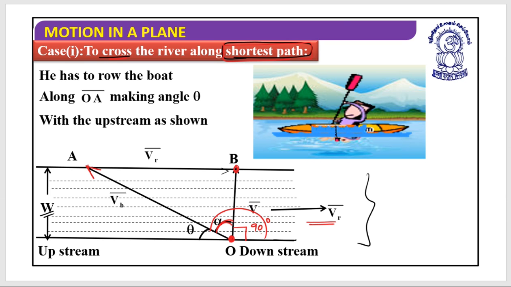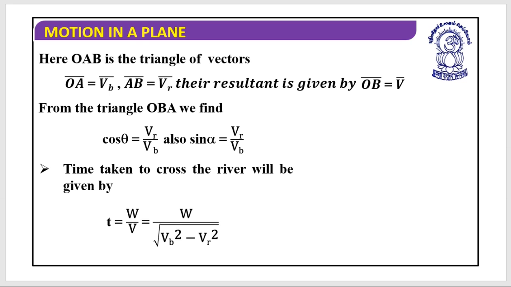But let's derive something in this regard. The situation was something like this. Let me redraw this. This is the flow of the river, it's Vr, and you are going to start your swimming in this direction. This is the angle alpha. You are here, let's say this is position A, and you want to reach this position, position B. So what can be done?